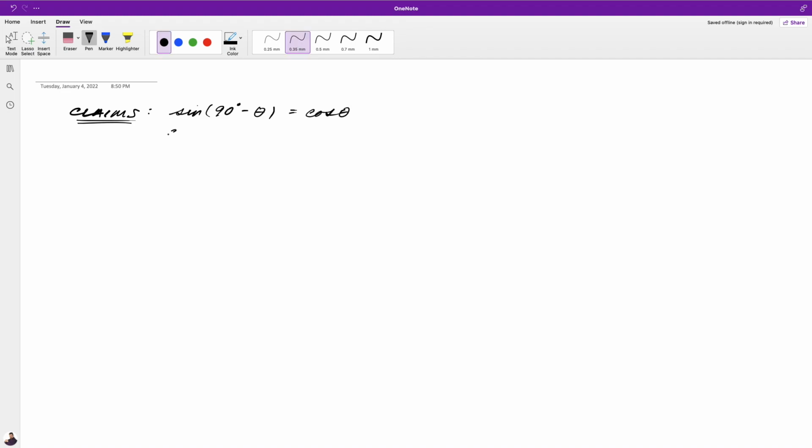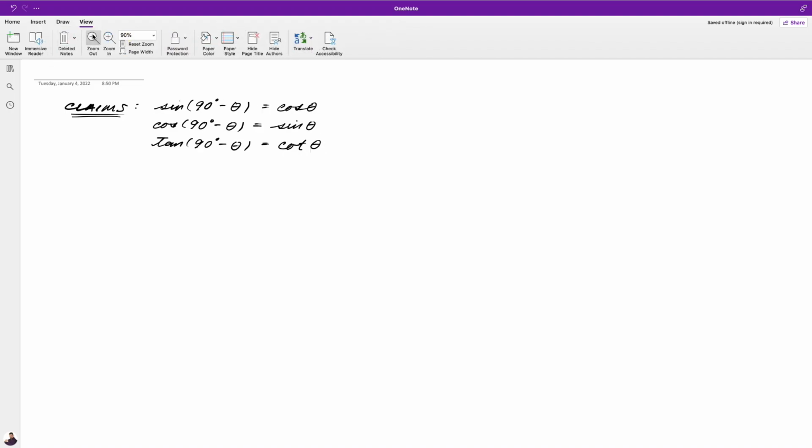We've also got the cosine of 90 degrees minus theta is equal to the sine of theta. And then we've got the tangent of 90 degrees minus theta is equal to the cotangent of theta.